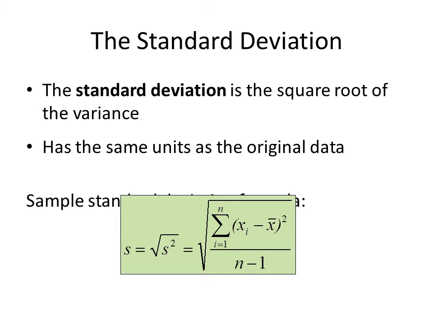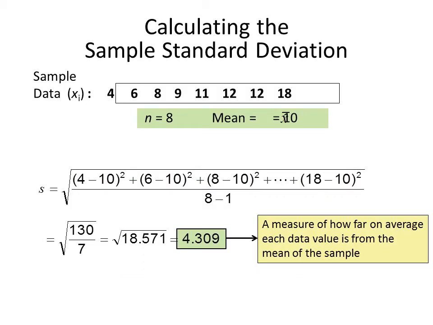If anything is squared and you want to get it by itself, you just take the square root of it. So if we use the same example, we have a variance of 18.571. All we have to do is take the square root of that, and we get 4.301.